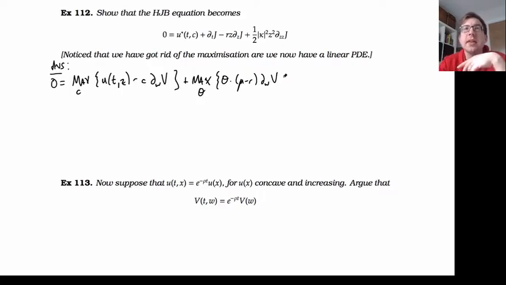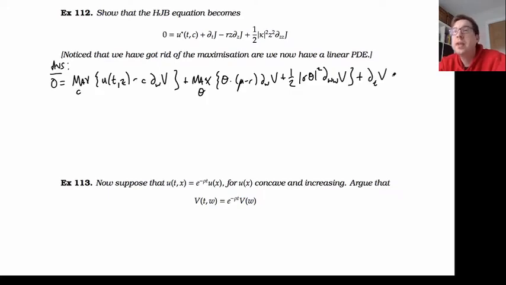Just writing this out: the terms to do with c, the terms to do with theta, then the terms that have nothing to do with theta or c.